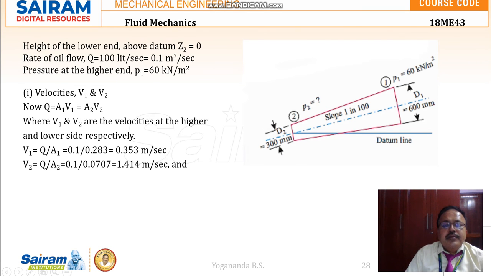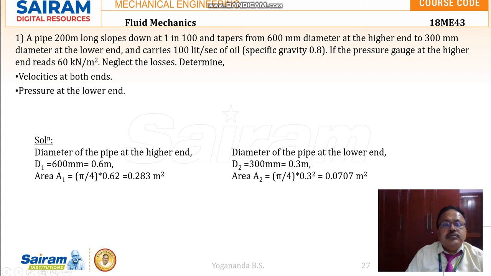So for the pipe, here I have 200 meter length. If you have 1 in 100, for 100 meters horizontal coverage there is 1 meter height.